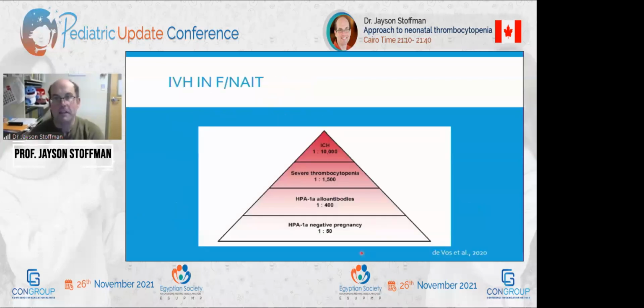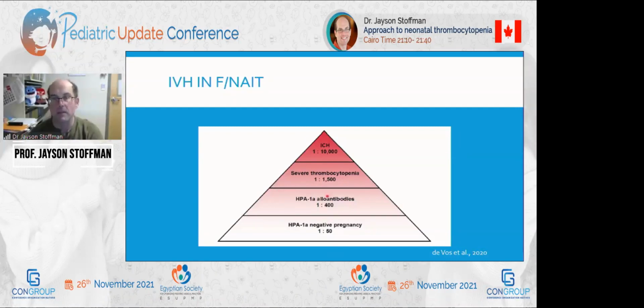I think this pyramid illustrates the important part, which is that, as much as ICH can be devastating and it's very concerning, it's the thing we're all worried about, it's actually very uncommon. So, 1 in 50 women will have an HPA-1a negative pregnancy. They're not all going to develop antibodies. So, less of them will develop the antibodies, about 1 in 8 of that 1 in 50.